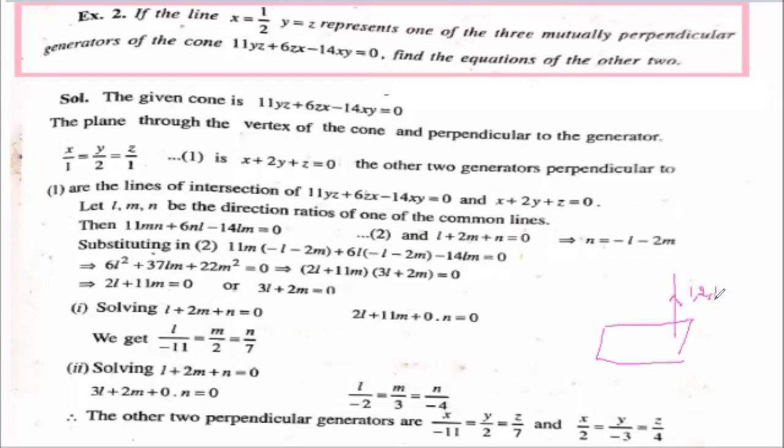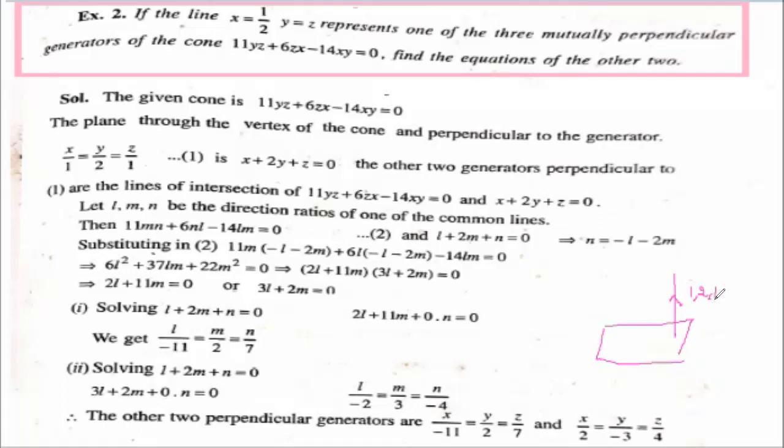The other two generators perpendicular to it are the lines of intersection of 11yz plus 6zx minus 14xy equal to 0 and x plus 2y plus z equal to 0. Let l, m, n be the direction ratios of one of the common lines.